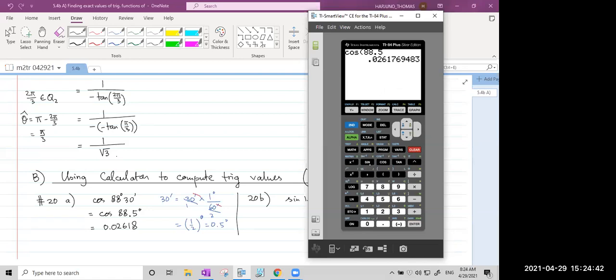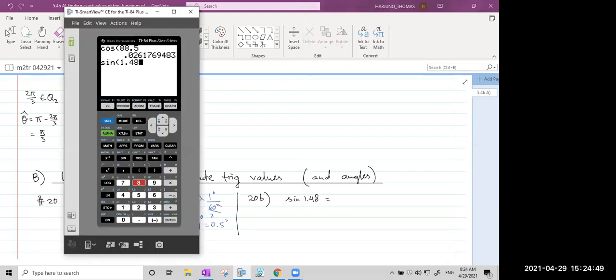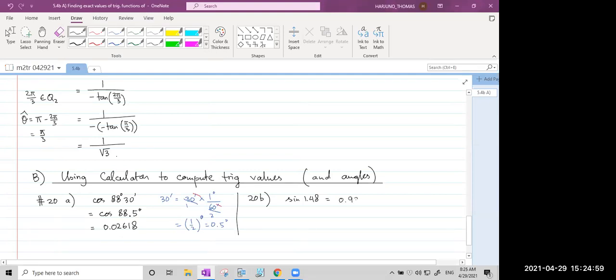And then sine 1.48 is 0.99588. Okay, no degree sign means it is in radian.